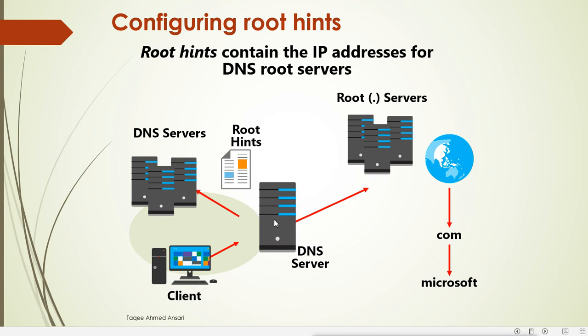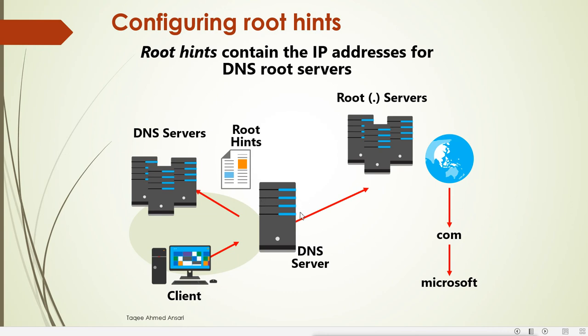We can create the record for our own root hint server in the DNS server, so that we don't have to go to the root hint servers when, suppose, we want to resolve some IP addresses from another subnet, or use forwarders to another domain. We can create our own root hint server and send the request to it.